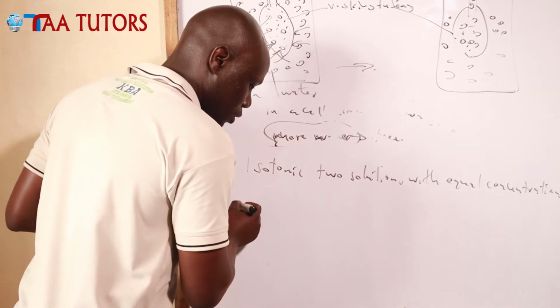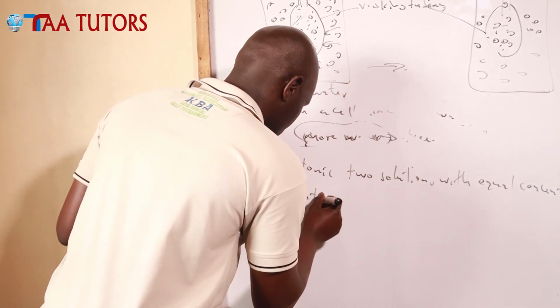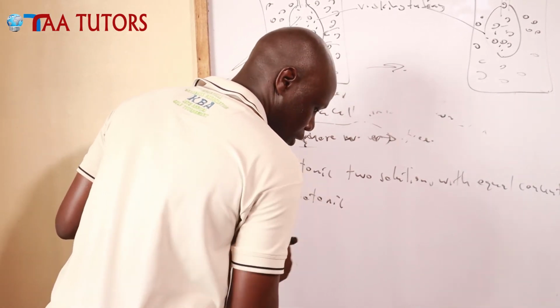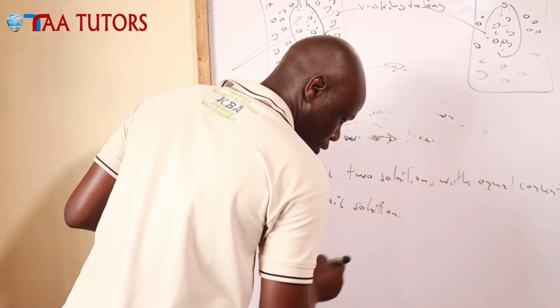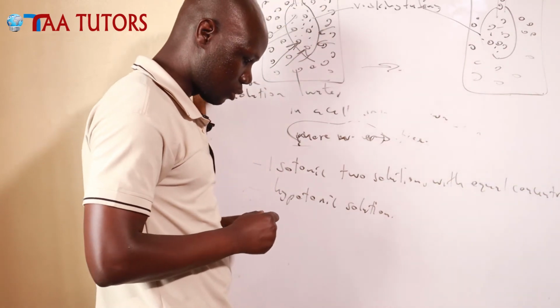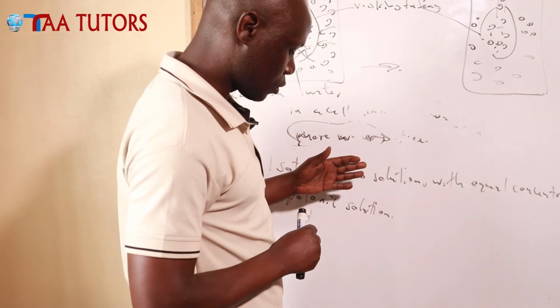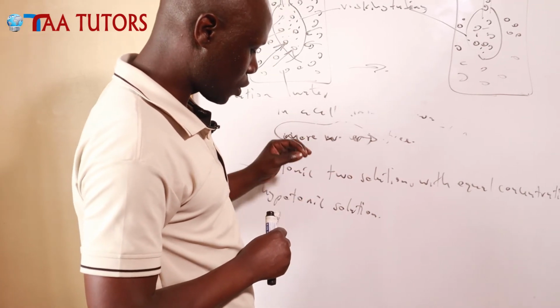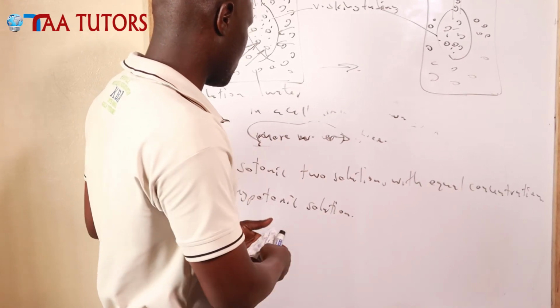Then we also have hypertonic solution. In the hypertonic solution here, we mean that the osmotic concentration of the solution here is lower than the cytoplasm, for example, if we are referring to them with the cytoplasm.